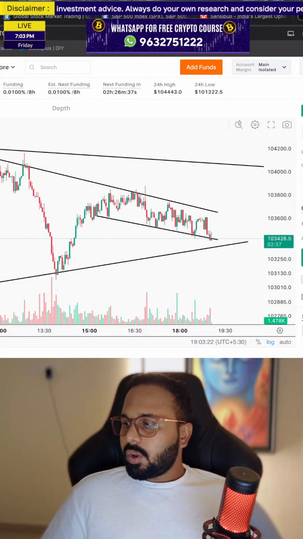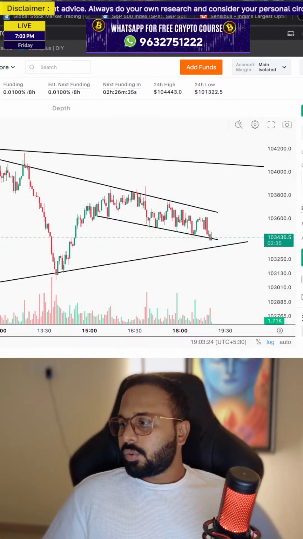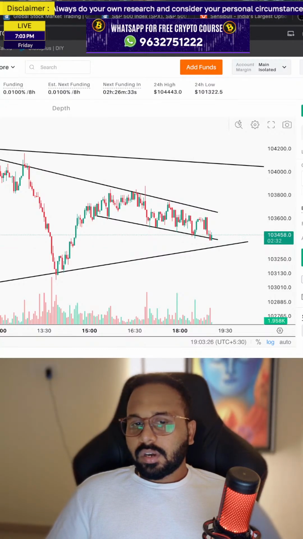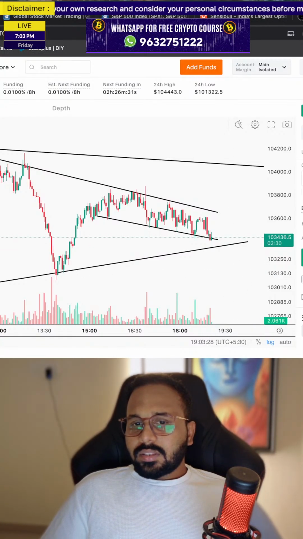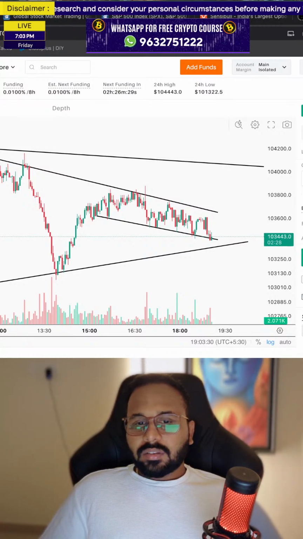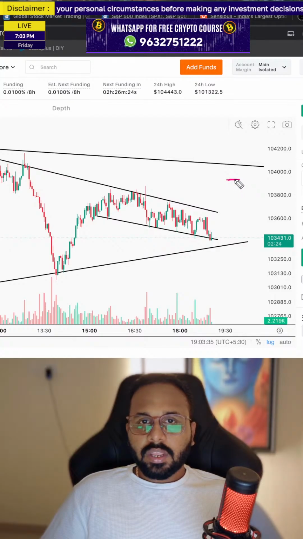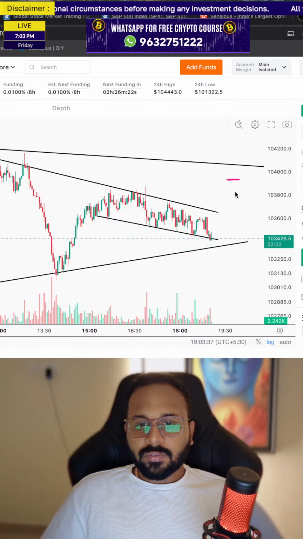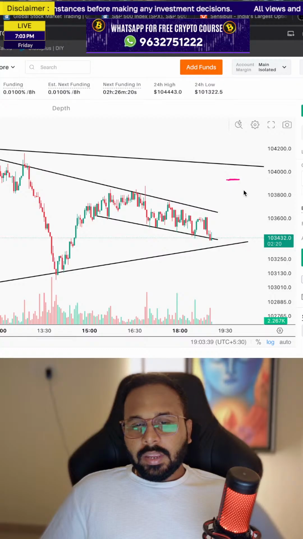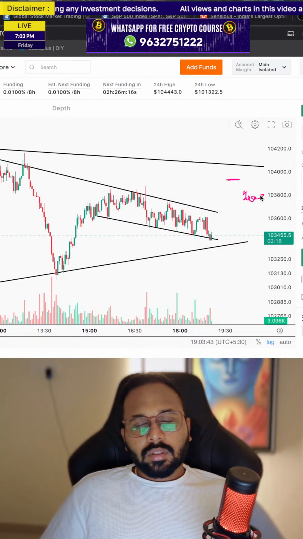Could you please tell me how much percentage of portfolio you allocate per trade? See, maximum, if you're asking what is the risk per day, my each day risk is around 7,000, close to 7,000.